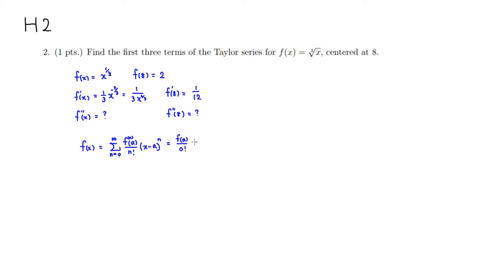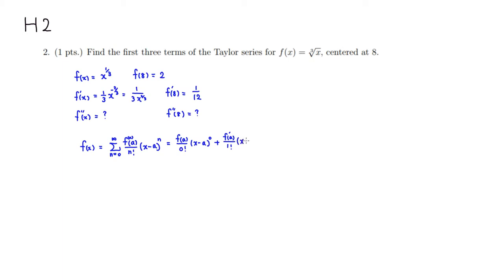Then plus, actually, I forgot to write that. You have a 0 power, so maybe I should write that so that we don't get confused. 0th power. The second one, n equals 1, is the first derivative evaluated at a over 1 factorial. 1 factorial is actually 1 again.